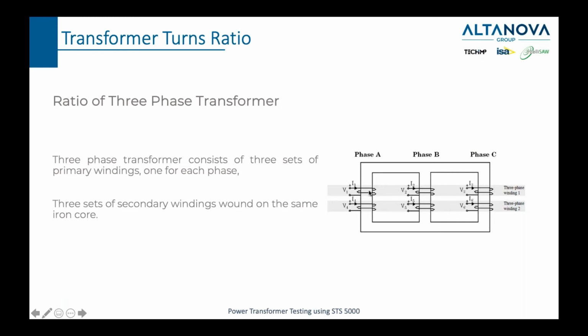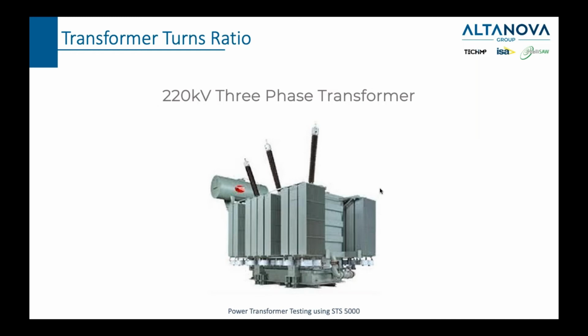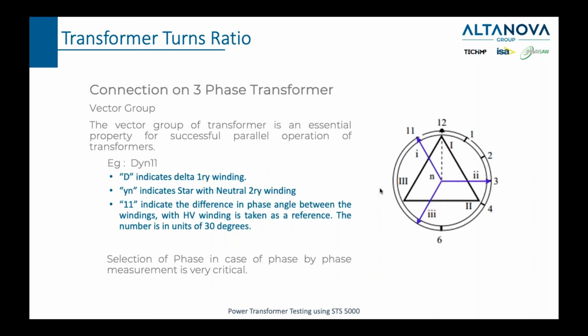And then one winding would be wound around this core and the other one would be wound around the first winding. So usually inside you would have the secondary, and outside you would have the primary. So this is how you would test your 3-phase power transformer, which would effectively look something like this.